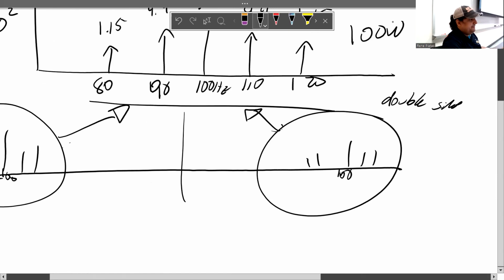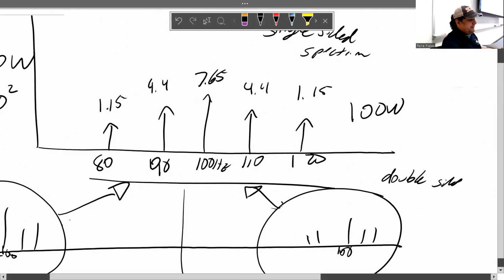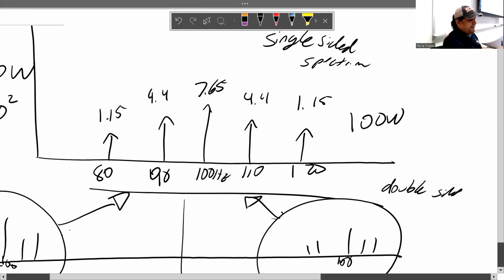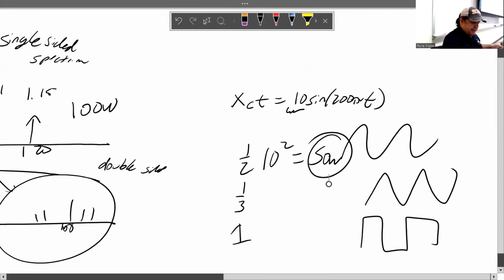So single divided by 2, double. When you calculate the power from the function itself, you get 50, and over here you get 100, you're probably gonna have to divide by 2. Cool. Good question, keep them coming.